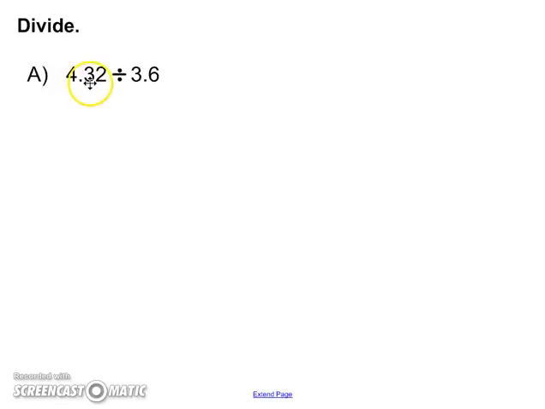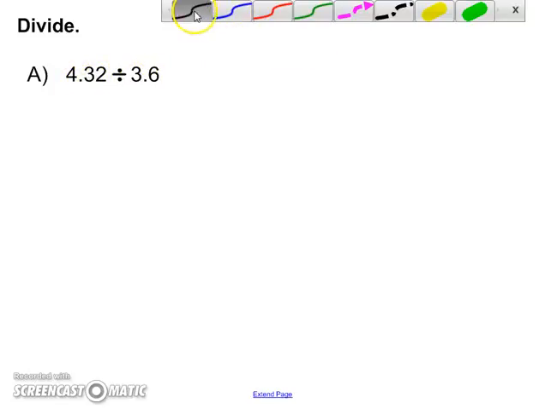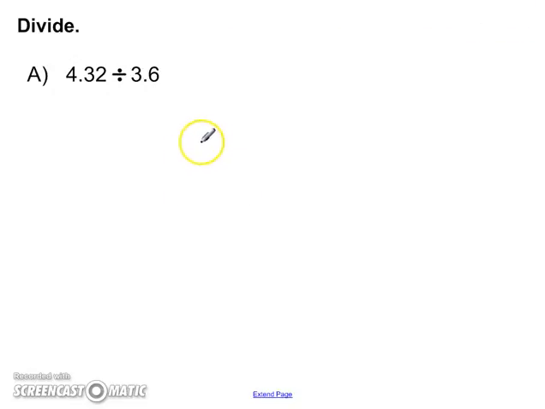So, 4.32 divided by 3.6. Let me go ahead and get a writing tool here, and we will go through our steps. So 4.32 divided by 3.6. In the box goes the 4.32. 3.6 is outside. And again, we are not allowed to divide by something that has a decimal in it.